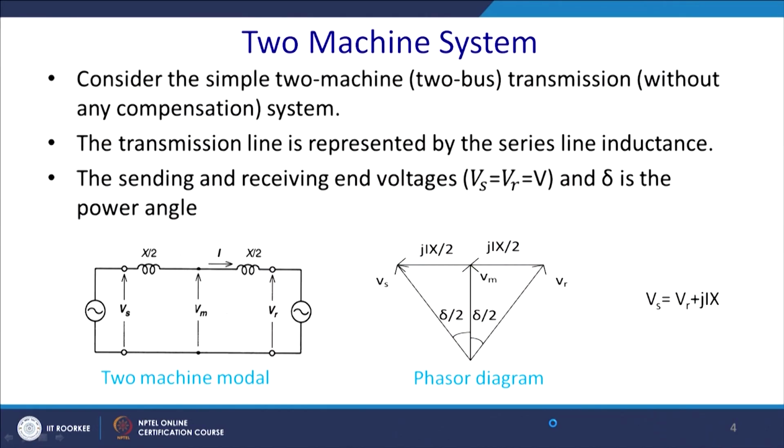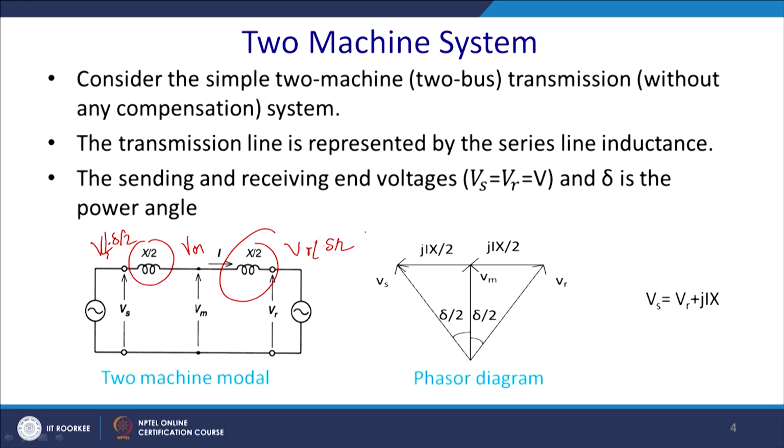Now, consider the two machine system, and the overall transmission line has an impedance x. It has been split into x1 and x2, and at this point the voltage is assumed to be Vm. We assume that here the sending end voltage is Vs at angle minus delta by 2, here it is Vm, and here it is Vr at angle delta by 2.